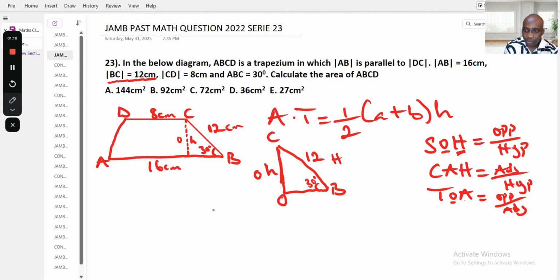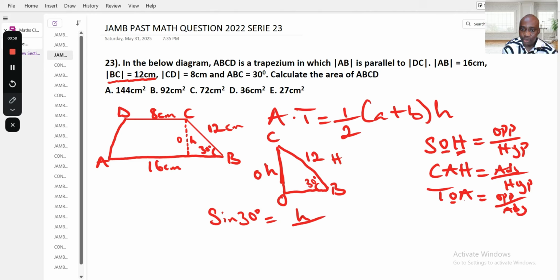Let's begin to calculate sine 30 degrees. It's the same thing as opposite, which is h, over hypotenuse. What is our hypotenuse?